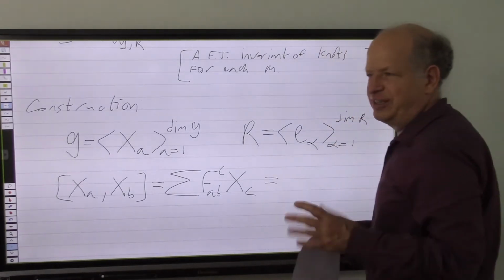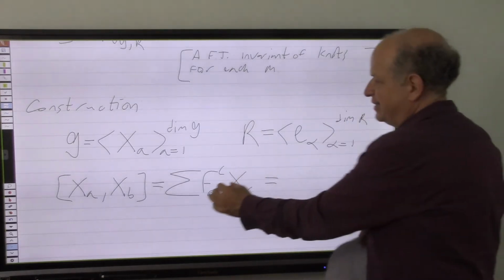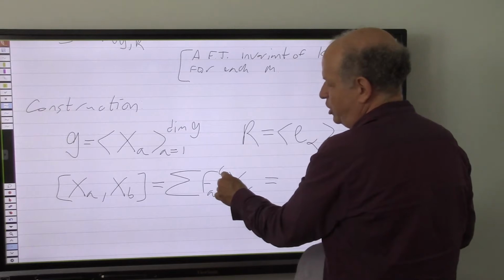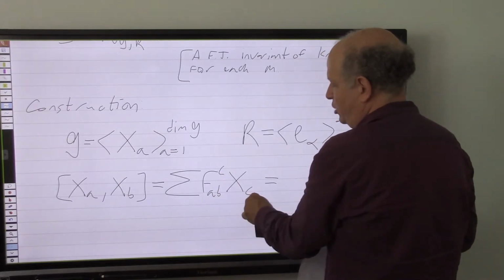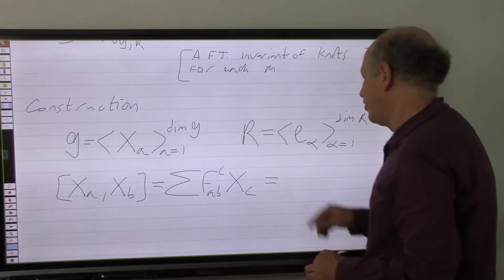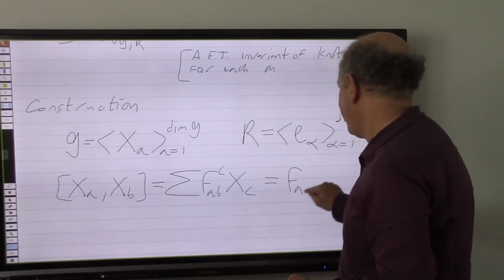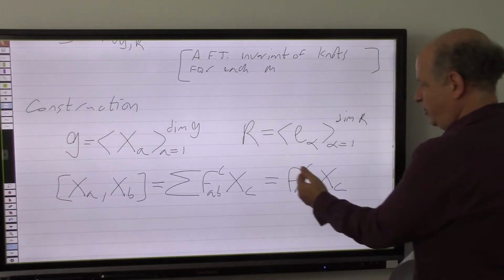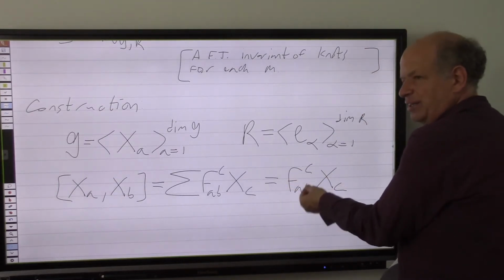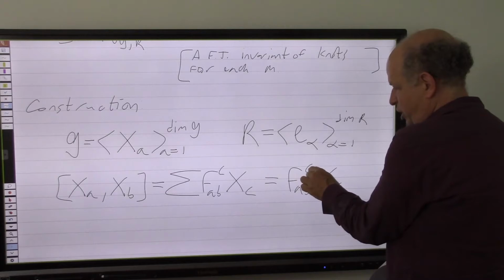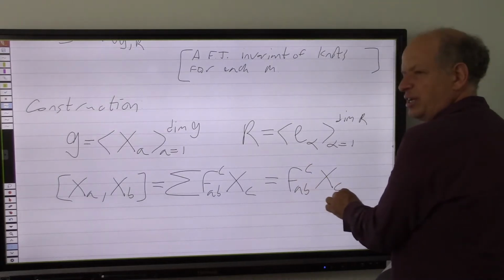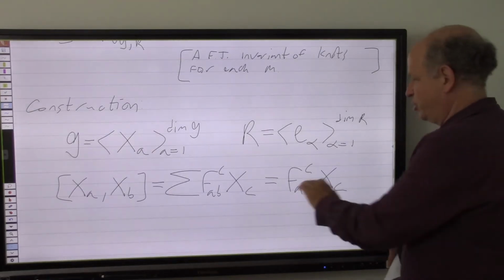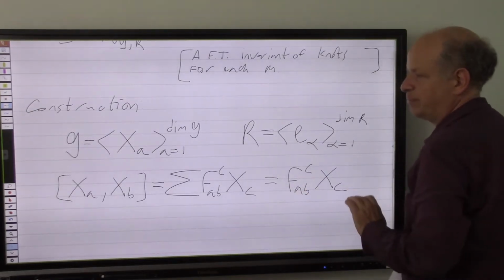By convention, I don't know if you've seen the Einstein summation convention. Summations are often dropped if you have two indices, one written up and one written down. So I'll simply write it as f_ab^c x_c, but automatically, when you see an expression like this which has one upper index and one lower index, the two are summed over. So this is really a summation over c.